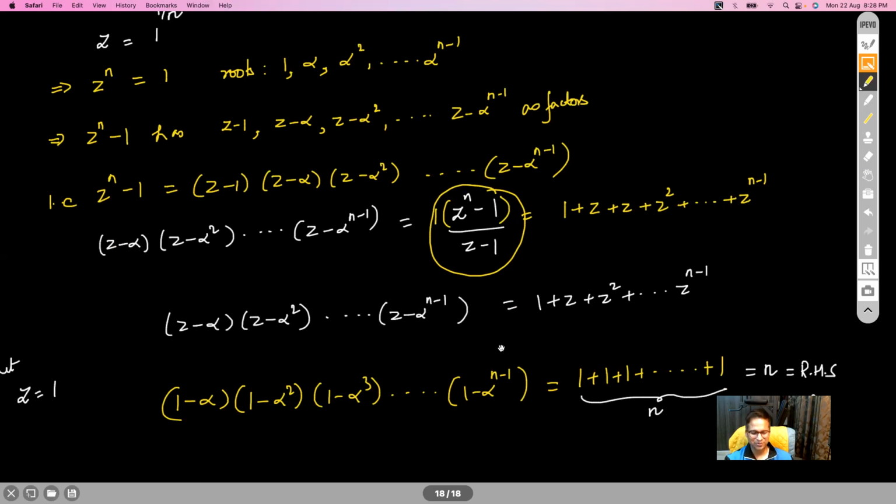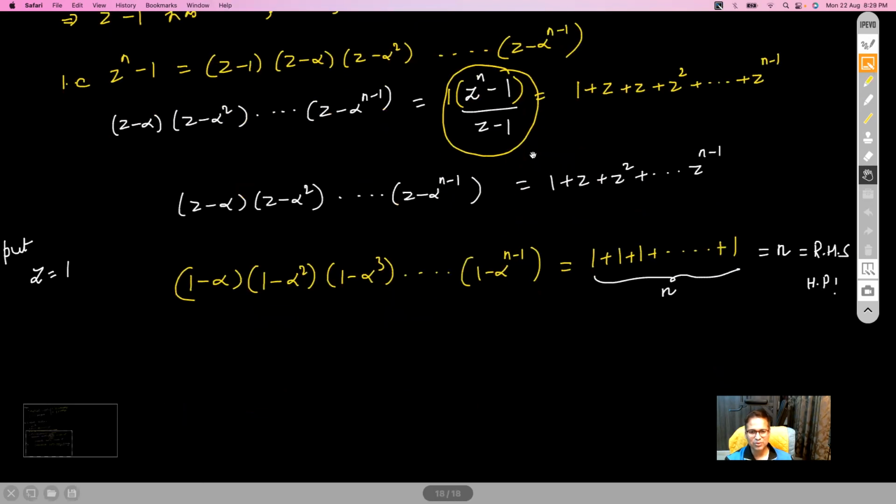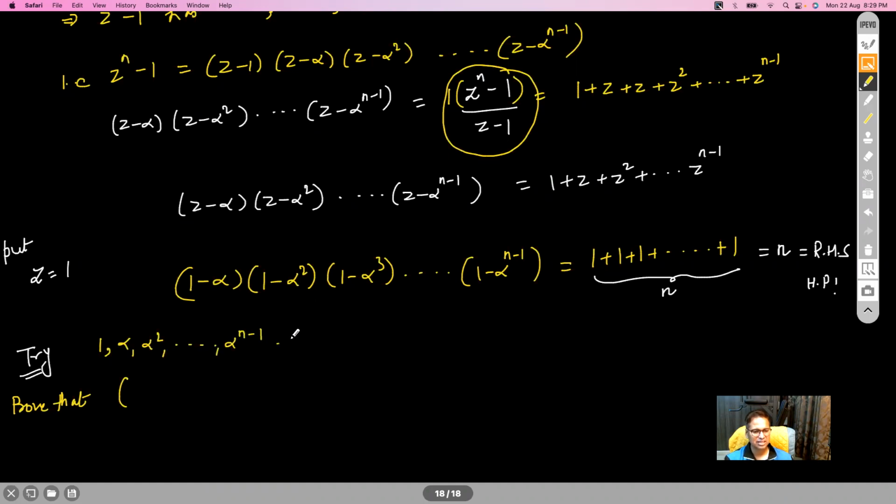Okay, so with this, I will leave you with a homework on the very same concept. Try out this question. Prove that, again, 1, alpha, alpha square, etc. are nth roots of unity. Okay.